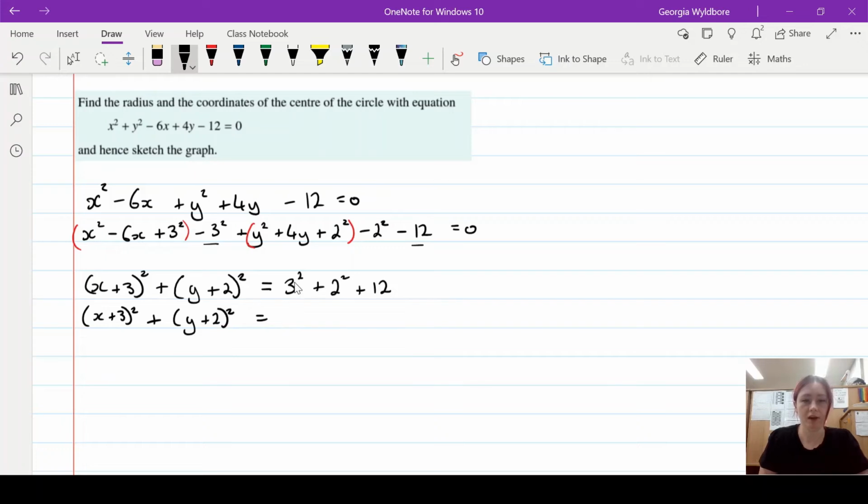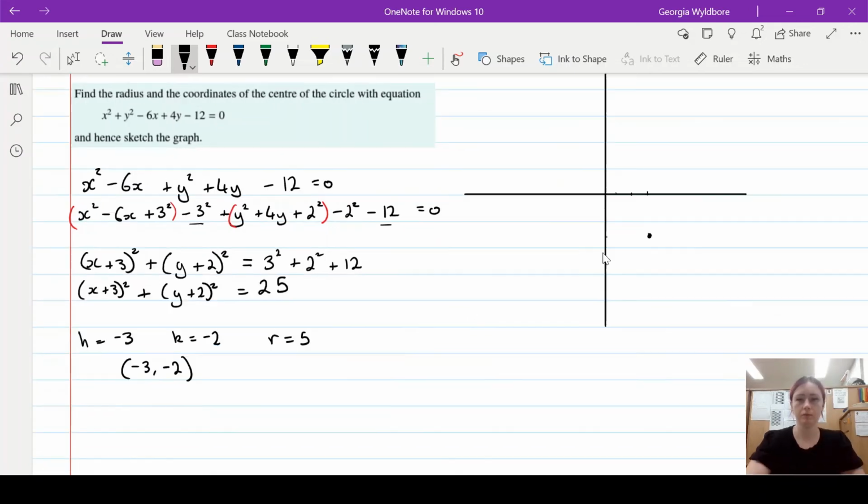So we're going to have 9 plus 4 plus 12, which together is going to give us 25. And you can see now we're back in our x minus h squared plus y minus k squared equals r squared. So h is going to be negative 3, k is negative 2, r is 5. So our center is at the point negative 3, negative 2.